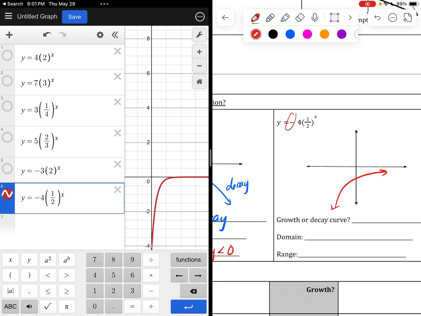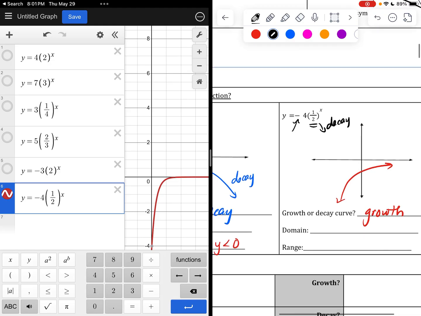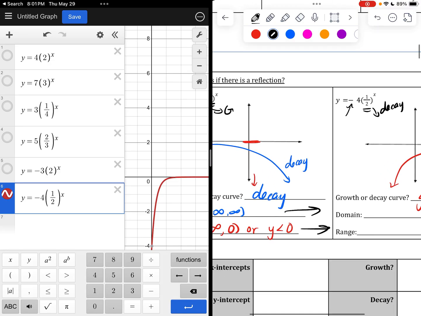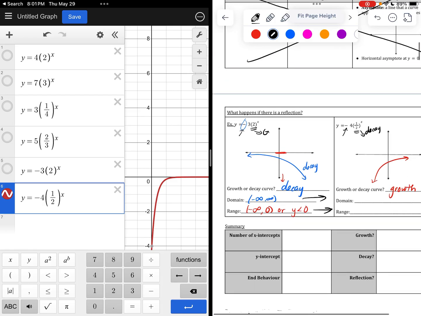Okay, and which becomes a growth curve. So once again, what I would do is I'd look at the base. I see this to me would be decay because it's between 0 and 1. But because it's reflected, it's the opposite of what I think. So it's growth. So the domain and the range would be the same when they're reflected.